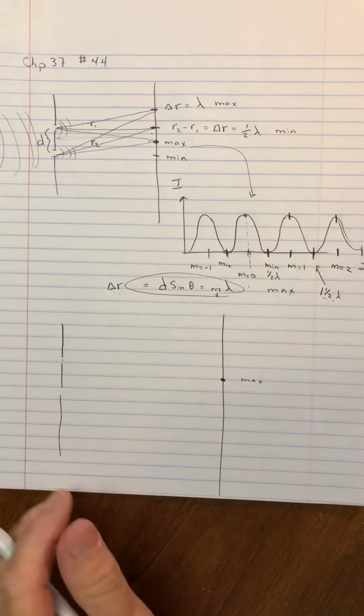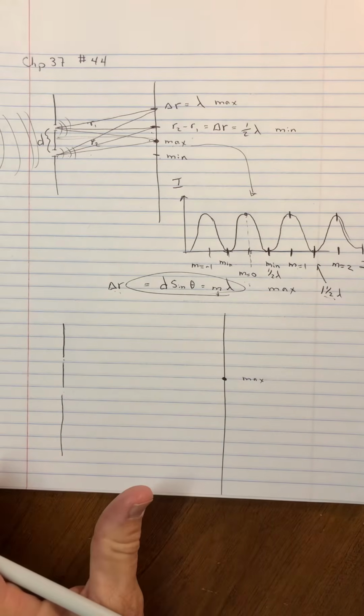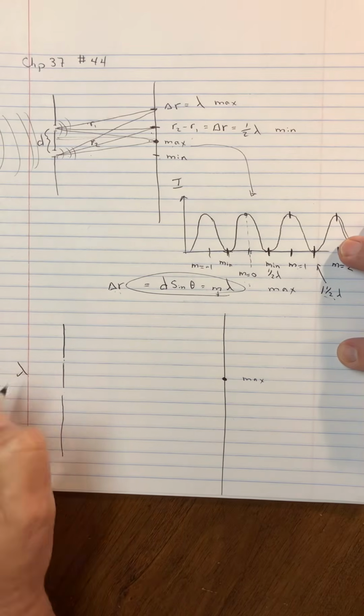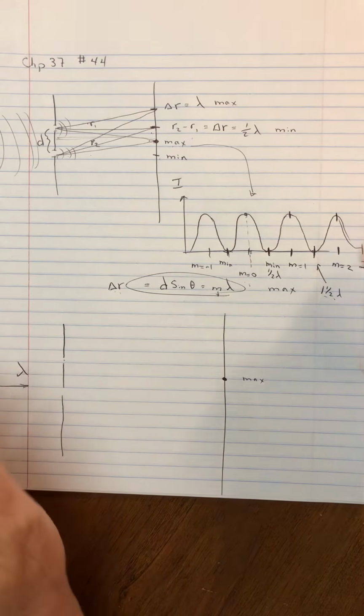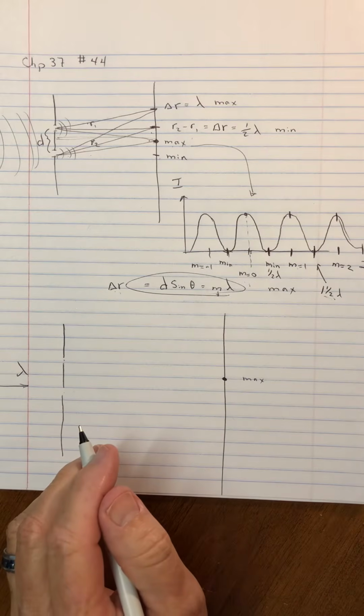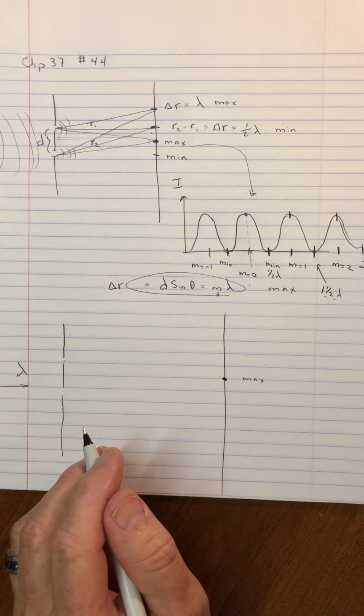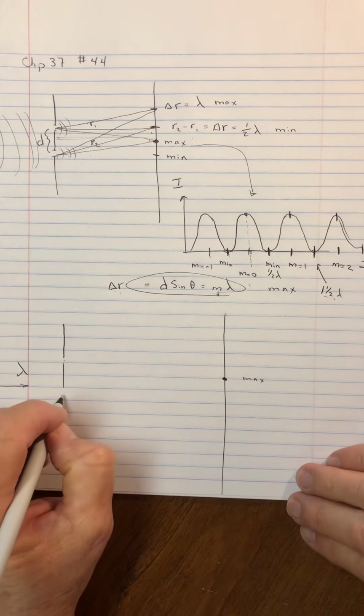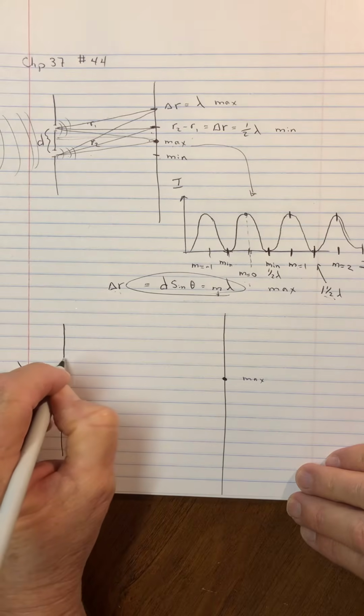And that's why this is important, because as we read this problem, number 44, it says, in a Young's double slit experiment using light of wavelength lambda, okay, so we've got wavelength lambda coming into the double slit. It says here, a thin piece of plexiglass having an index of refraction of n covers one of the slits. And it wouldn't matter whether we put it inside or outside.